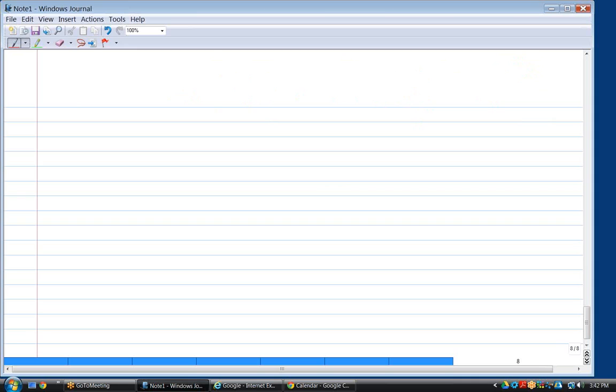Alright, the next one is: use a method of your choice to solve the equation, the absolute value of 4x minus 11 equals 2. Whenever you have absolute value equations, the best way to do it is to remove the absolute value sign and turn it into 2 different equations.